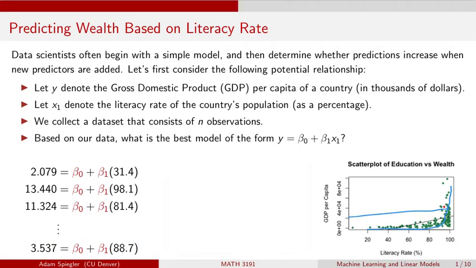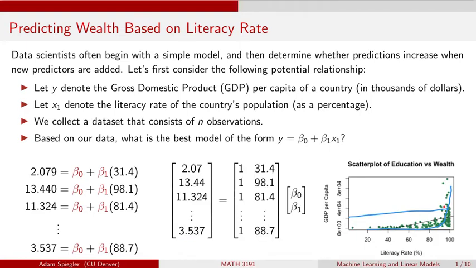And so from this setup, we can construct a matrix equation where I collect all of my observed y values over here into a column vector. And then I'm going to represent this system of linear equations on the right side of the equation as a matrix equation. So I have a column of ones that corresponds to the fact that each of these beta zeros has a 1 times beta 0.